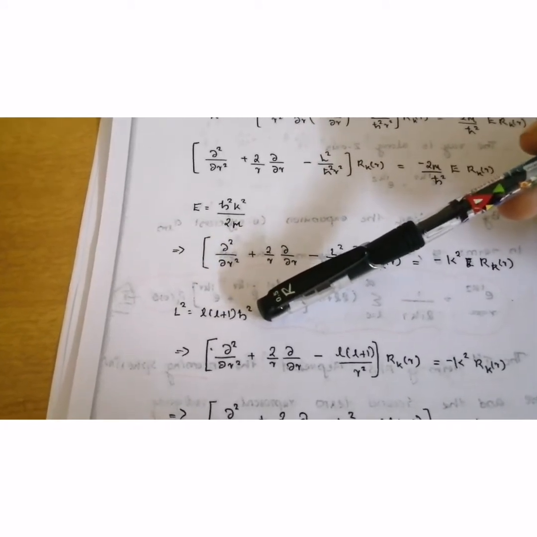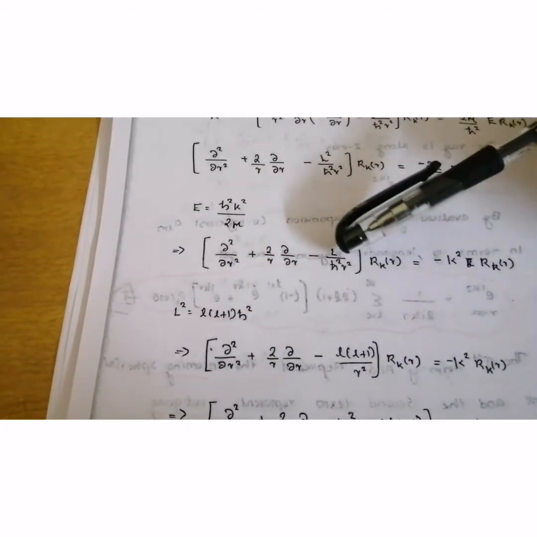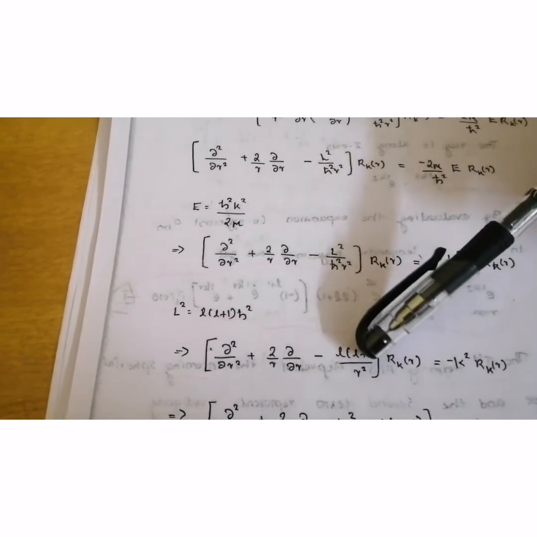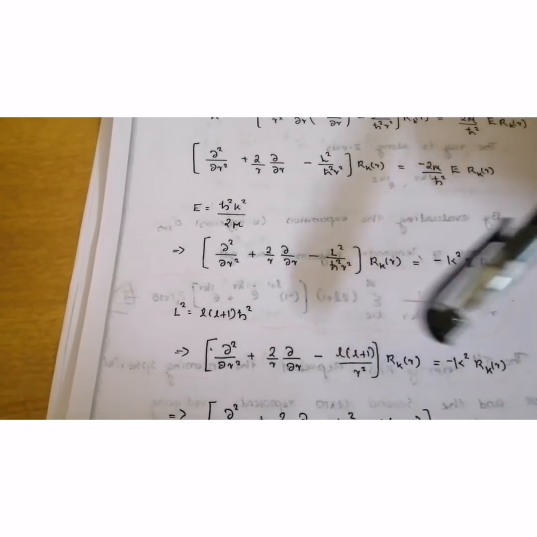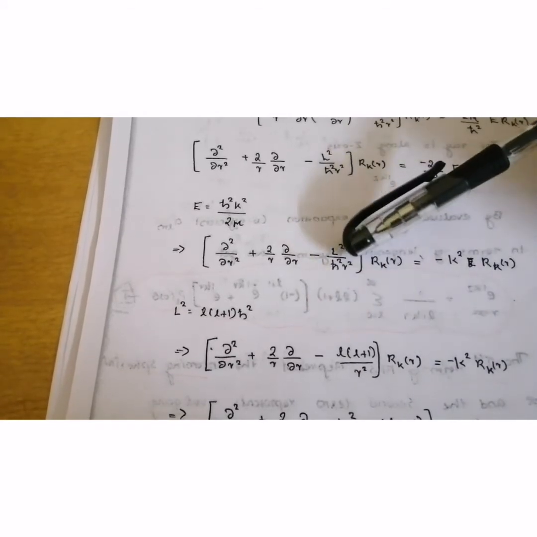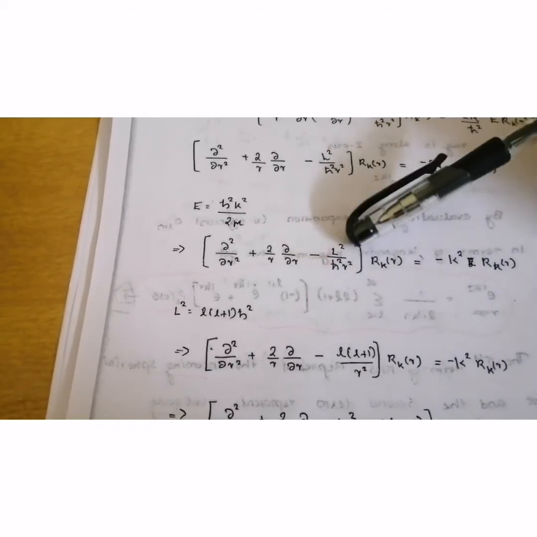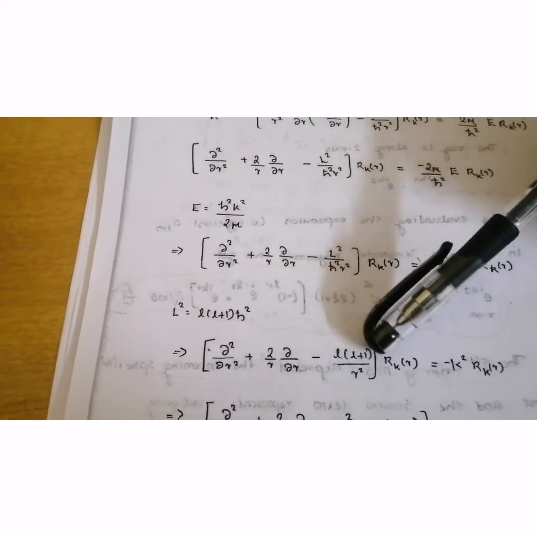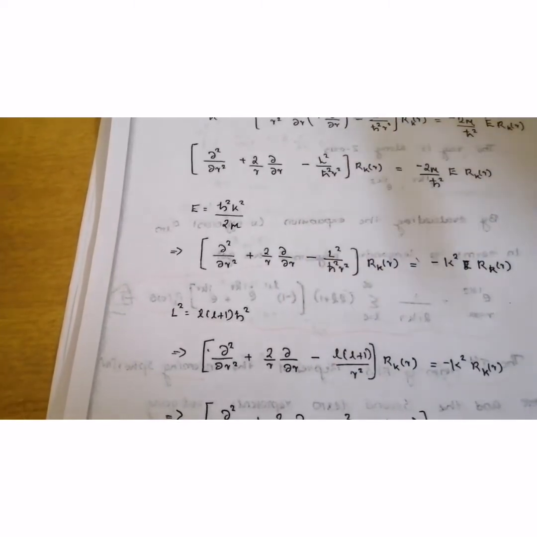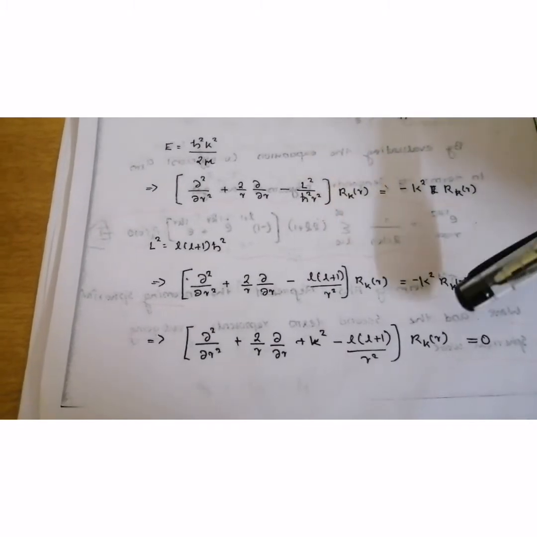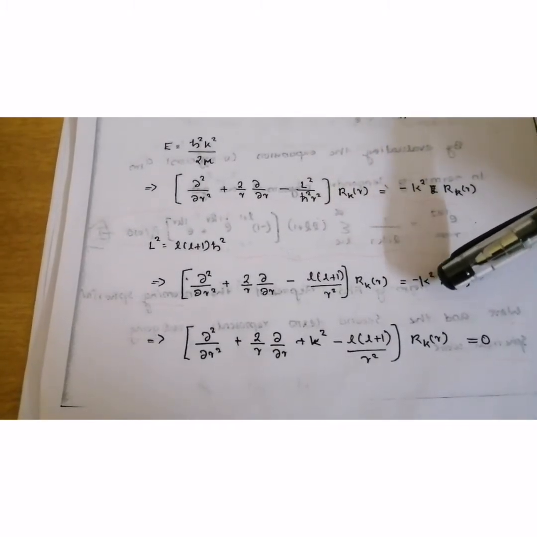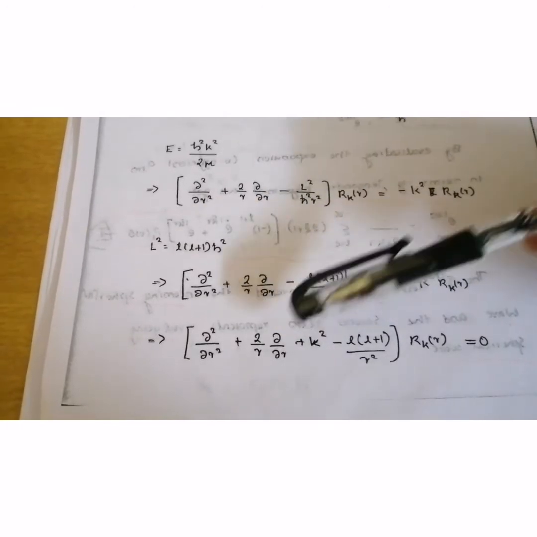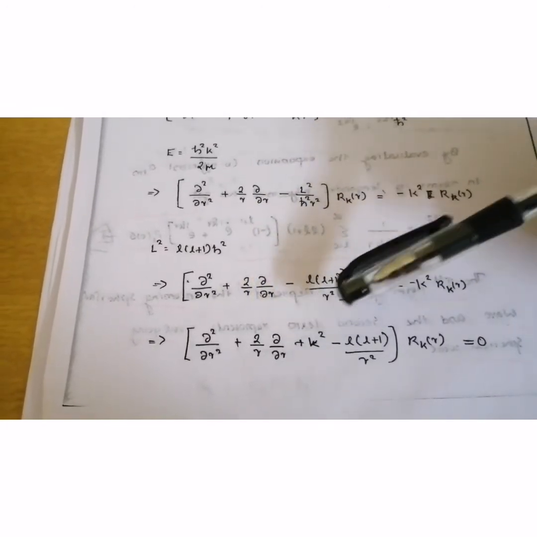So we can put this value in here: L² is equal to L(L+1)ħ². ħ² can be cancelled. So we can finally get only L(L+1)/r². Okay, and then by rearranging this, −k² can be moved over, that gives +k².